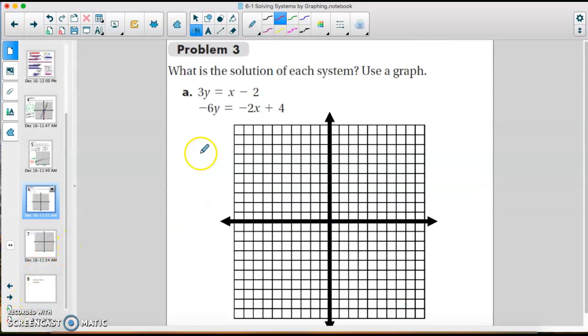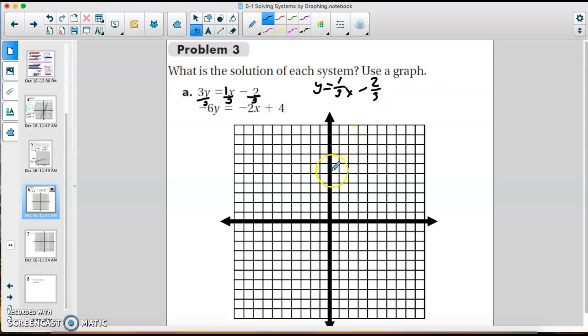All right, last one here. Oh, sorry, 2 more. I'll try to be quick about this. Now, we need to get this into y equals mx plus b. On the top one, the only thing I need to do in order to get y by itself is to divide by 3. So I'm going to divide every single piece by 3. We end up with y equals 1/3 x minus 2/3.